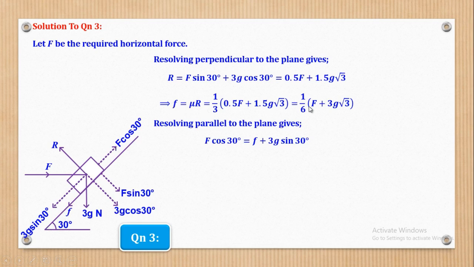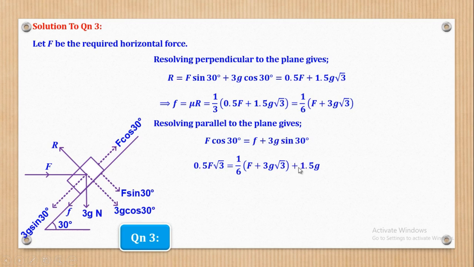But I know small f is given by this, so I'll substitute. Cos 30 is equal to root 3 over 2, which is equal to this 0.5 root 3 times F, which is that. Then small f is equal to this, which is here. Now sine 30 is a half, and half times 3 will give you 1.5, which is that.